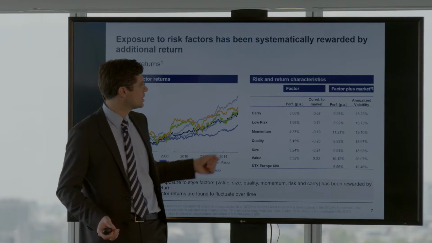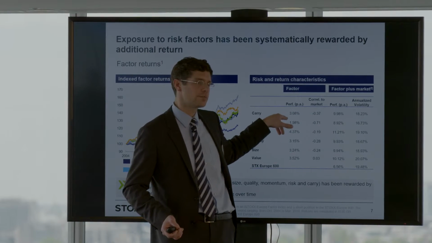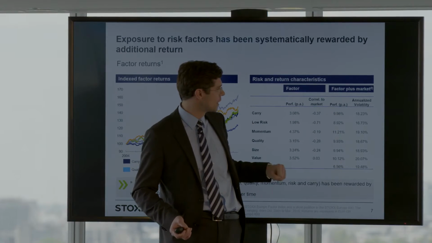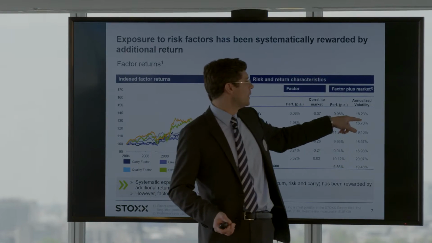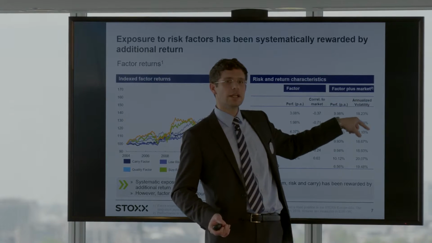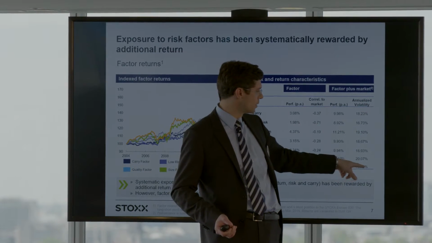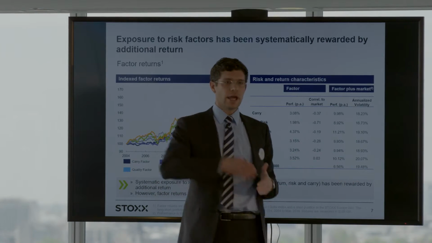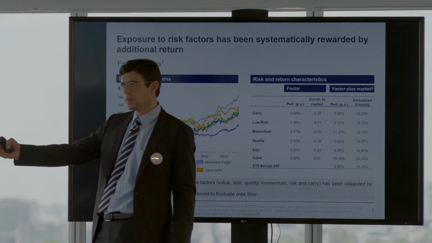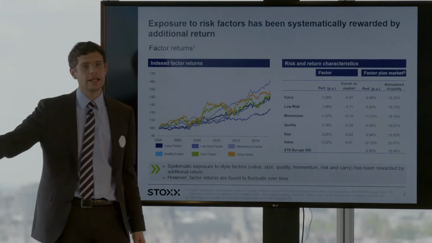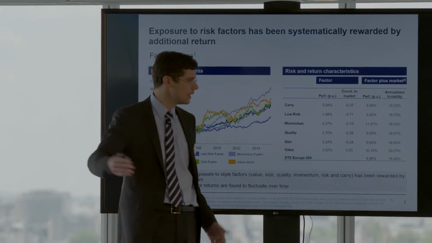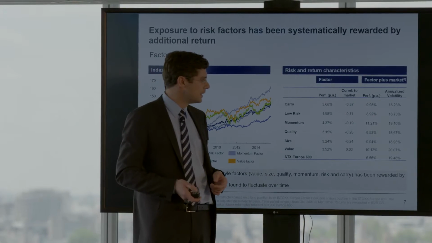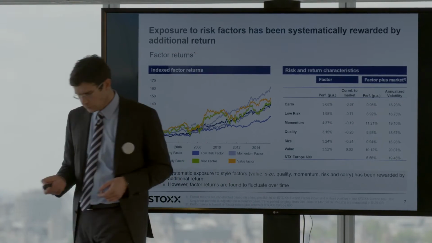And in fact, we see when we combine single factor exposures with the broad market, the STOXX Europe 600, for example, the combination shows even lower levels of volatility as compared to the STOXX Europe 600 as just a single investment. So adding another source of risk doesn't mean adding overall volatility, increasing the level of risk. It even, as we see here for the case of the European market, tends to reduce risk.